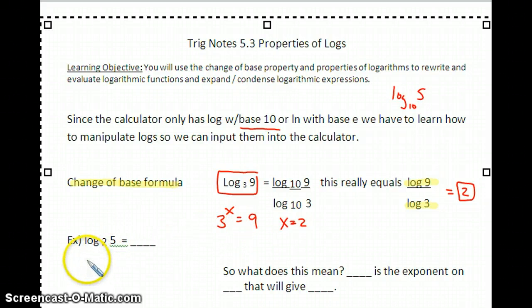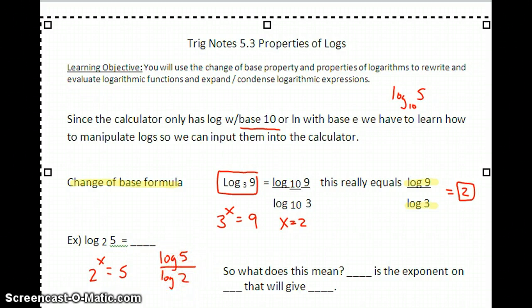So here's an example of it. If I write this in exponent form, I would say 2 raised to what power is going to give me 5? Well, I know it's going to be 2 point something, because 2 raised to the second power is 4, but 2 raised to the third power is going to give me an 8. So to figure it out, I'm going to have to use the calculator. In the calculator, I would take log of whatever I'm trying to take the log of, in this case 5, and divide it by log of 2.